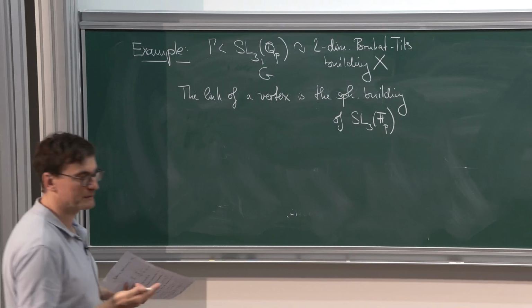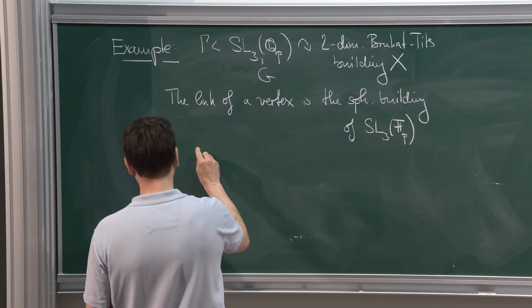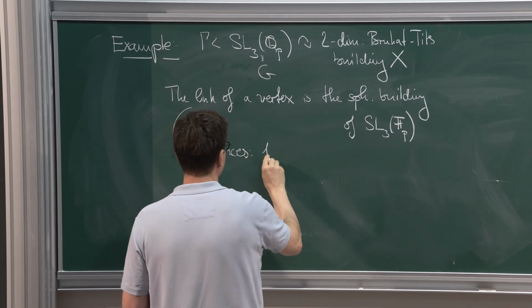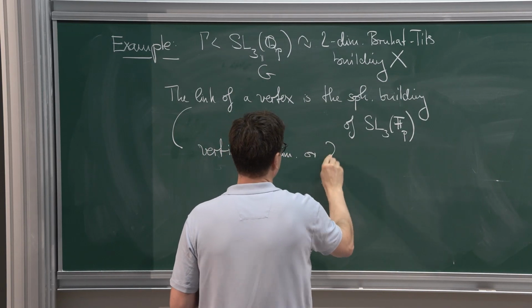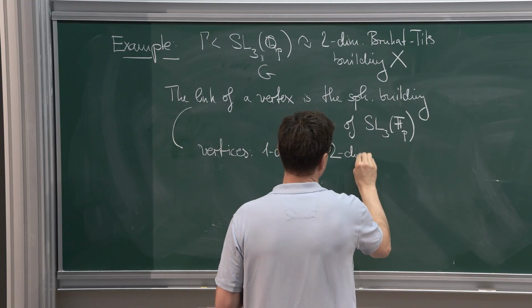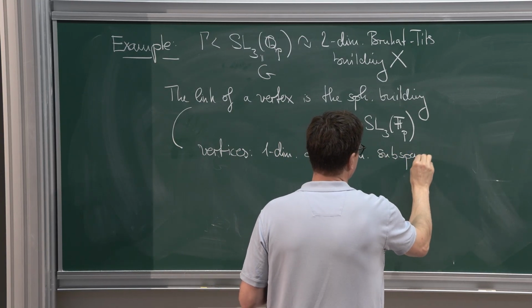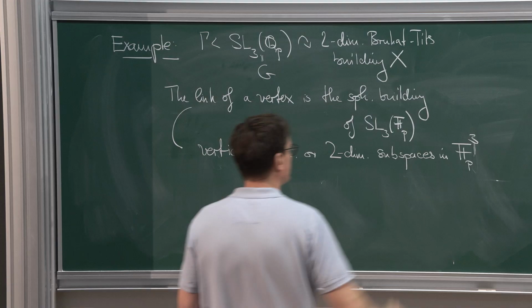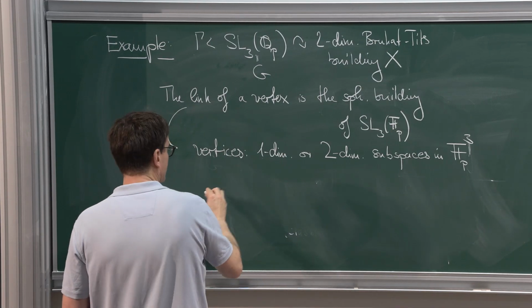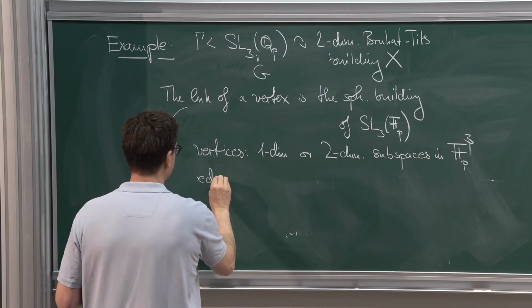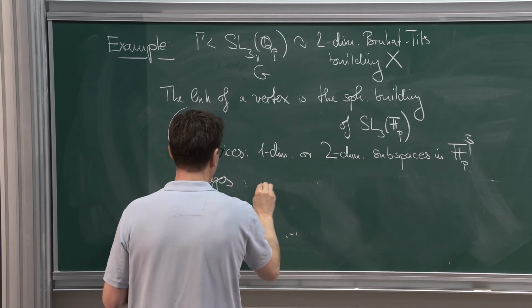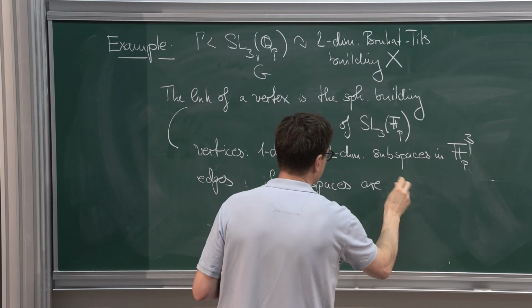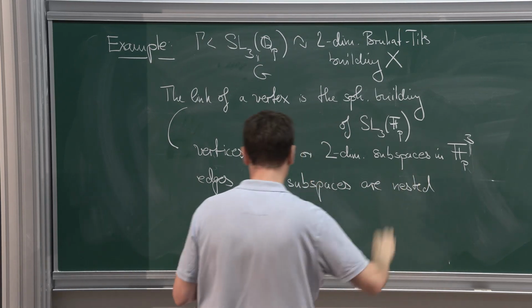It's actually the incidence graph of the projective plane over F_p. So the vertices correspond to one-dimensional or two-dimensional subspaces in F_p^3, this three-dimensional vector space, and so you have two types of vertices, and the edges are just if these subspaces are nested, contained in each other.